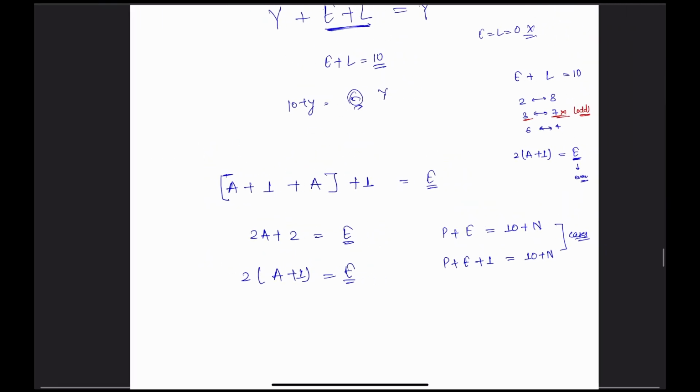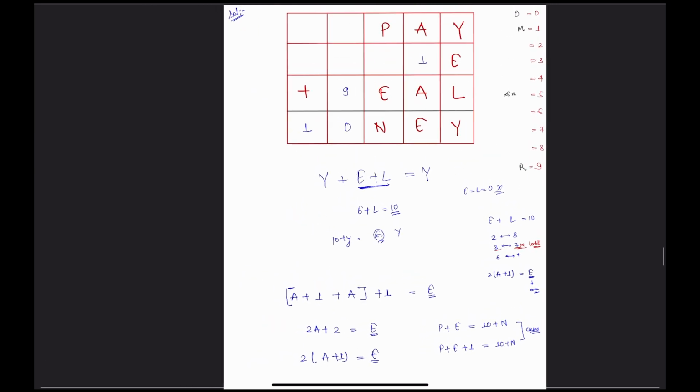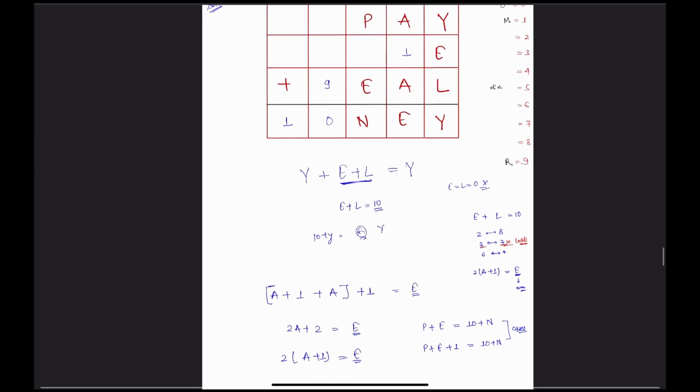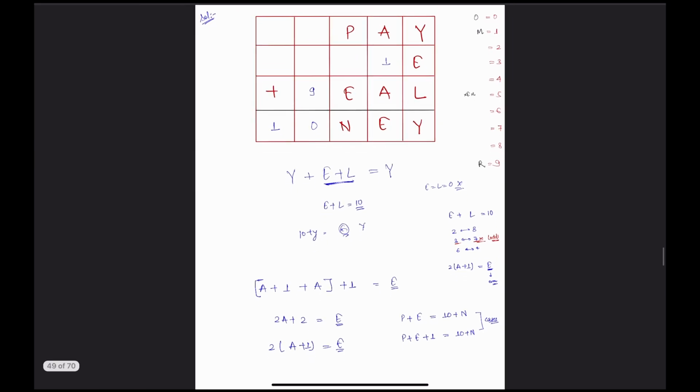So what I'm going to do over here is P plus E. The maximum value of E could be 8. So 8 plus something is 10 plus N. If E value is 8, if I take here as 8, then again A will be 4. I need to find some correlation.